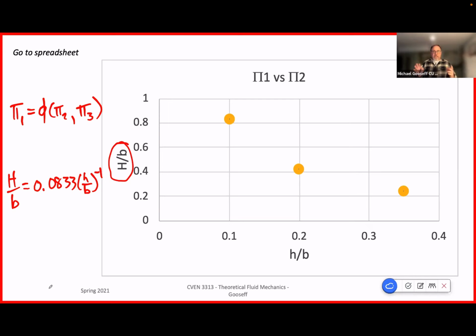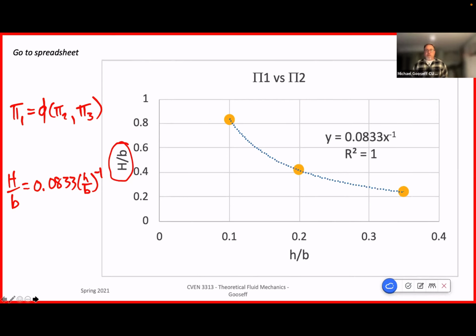Whatever it is, Excel will figure it out. And then you can also choose to show the equation for that line and the r squared. So in this case, I just selected all three of those options, and boom, I get a really nice fit that helps me solve this. Now, I could have found some other way of trying to figure out how all these things are related to each other, but Excel is a powerful tool for being able to do some of these things. Okay.